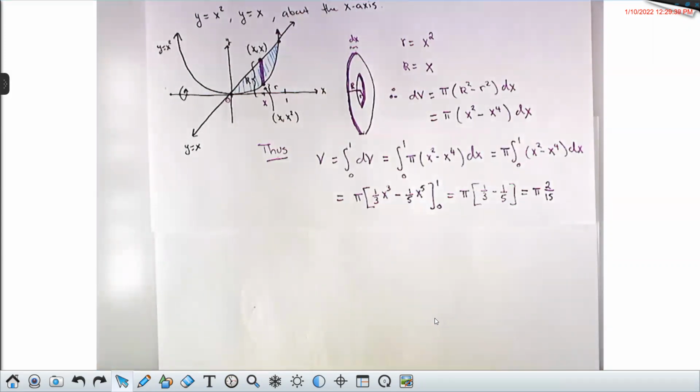Okay, so this is your washer method. What I want to do now for you is lay out the steps, all right? So you have a procedure you can follow. If you get lost or if you run into trouble, just come back to these steps.